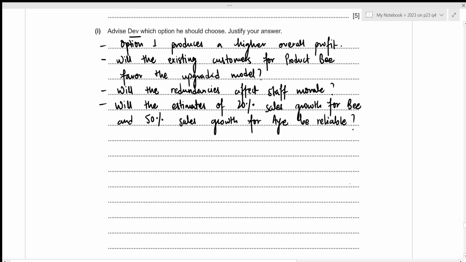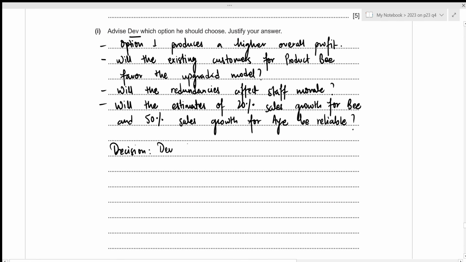Okay, now based on these factors, we need to make a decision. Personally, I would suggest to go with option 1, since it still provides product B, and that way we can still maintain the customer base or still cater to the needs of product B, and we can maintain a varied product portfolio for our business, which is always a good thing. Let's write it down.